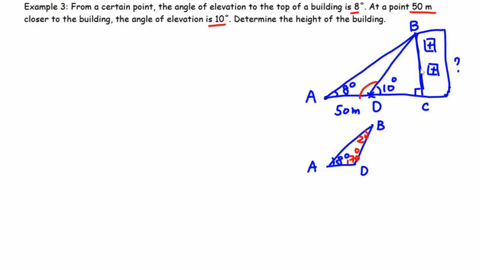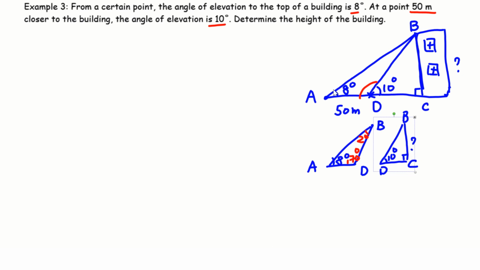Then we have a right angle triangle BDC. This is 10 degrees. BD is the common side of these two triangles, and no side is given.